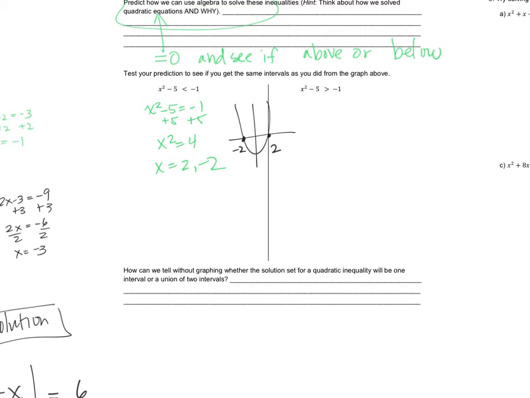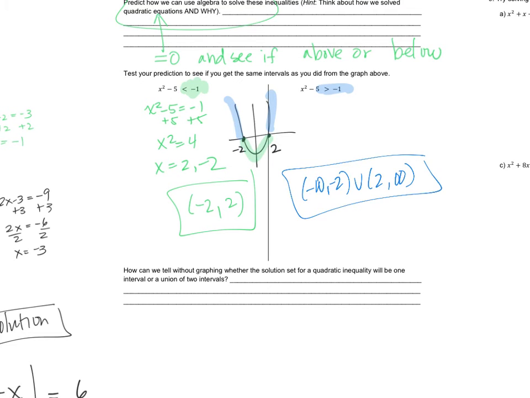I want to see where I am less, which would be that part, or -2 to 2, or where I am greater than 1, which is those above parts. Again, -infinity to -2, union 2 to infinity.